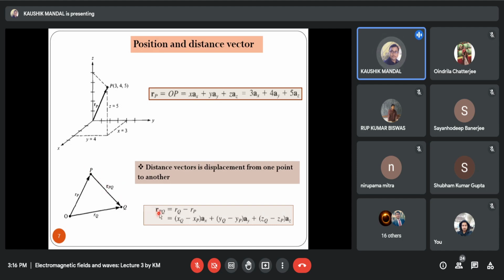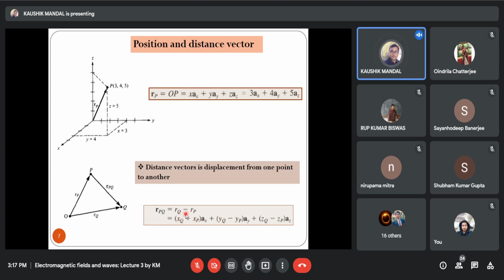So the distance vector RPQ, using the triangle rule or head-to-tail rule, you can write that RPQ equals RQ minus RP. What are the different components in RQ? That is XQ, YQ and ZQ. What are the components in RP? That is XP, YP, and ZP.